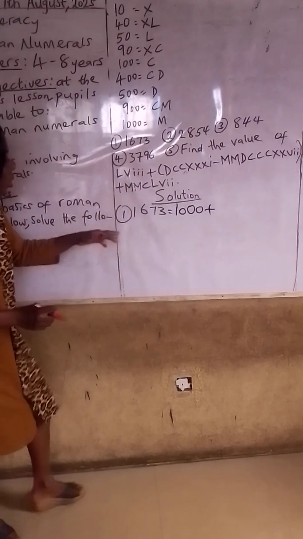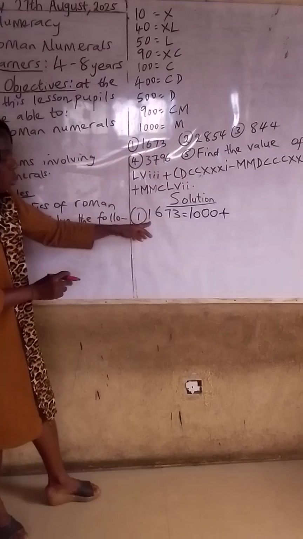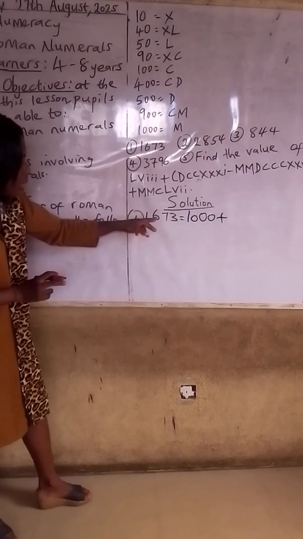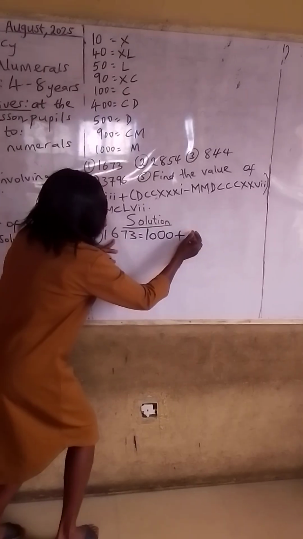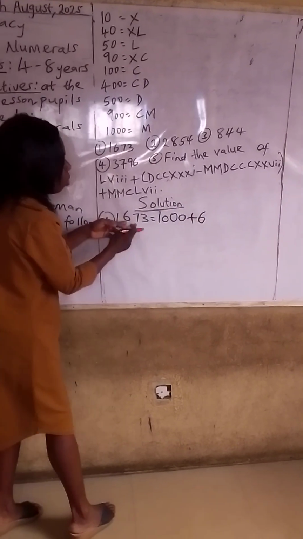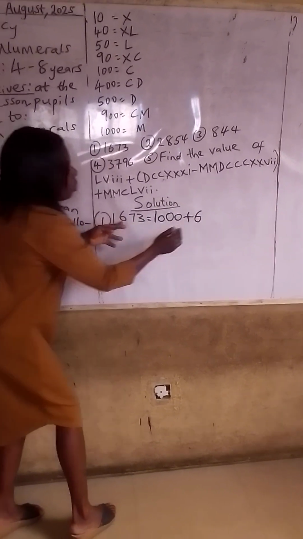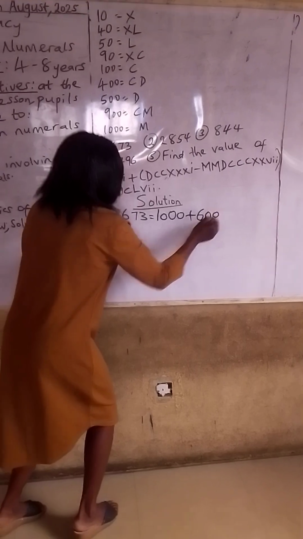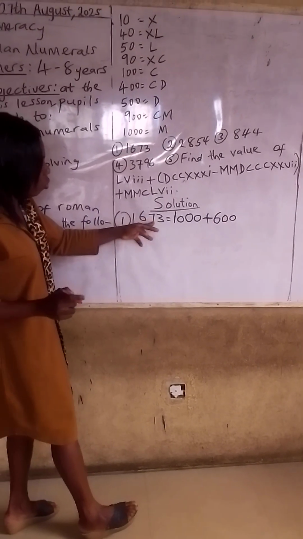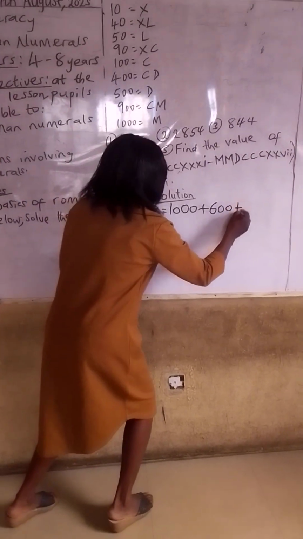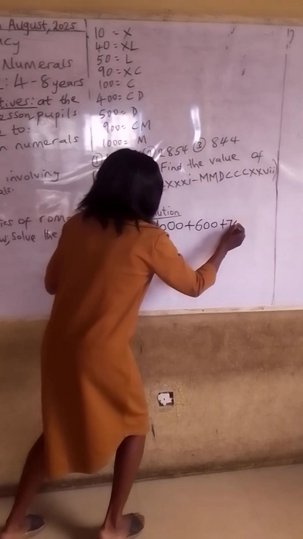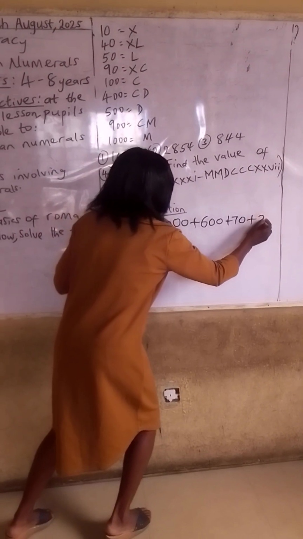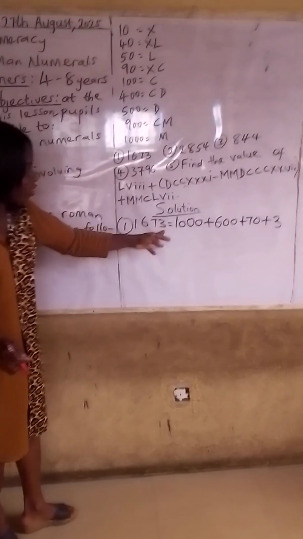Now go to the second figure, which is 6. Pick that 6 plus 6, and turn the other two figures to 0. We have 0, 0. The next one is 7. Write your 7 and turn the last figure to 0. Then plus the last figure, which is a unit figure, so there is no need of adding 0.